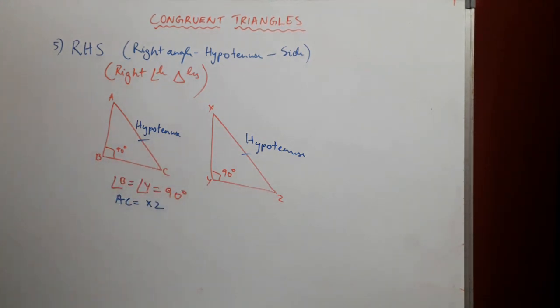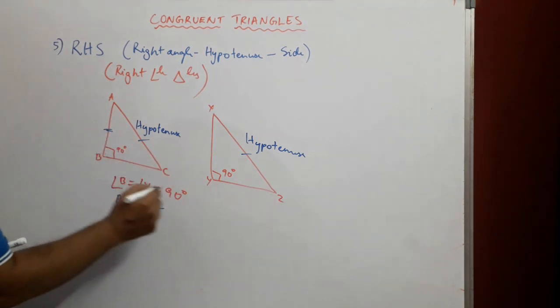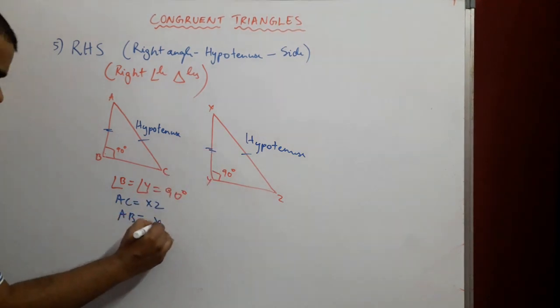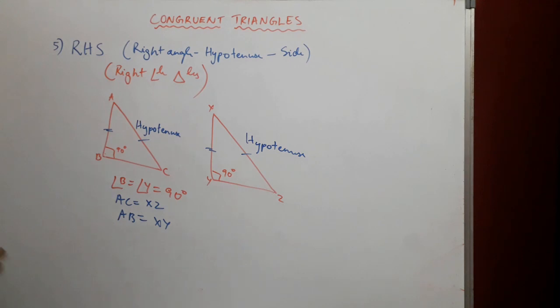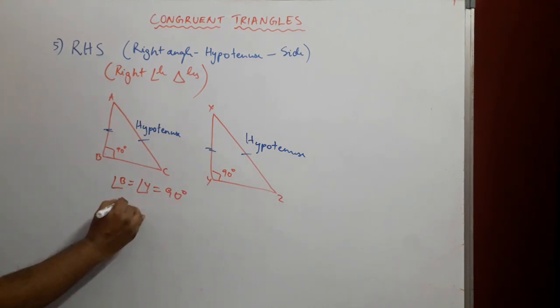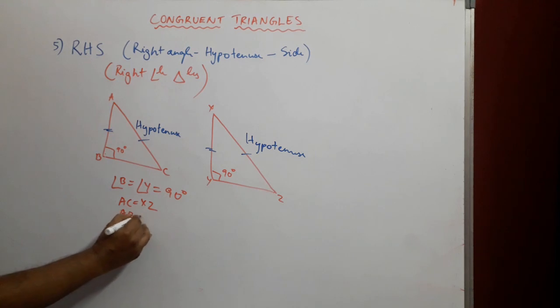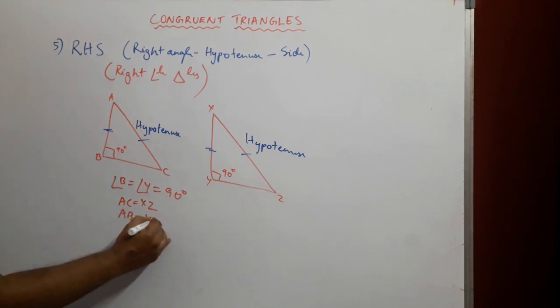It doesn't matter, any one side is more than enough to go with this RHS congruence rule. So we'll go with AB corresponding with XY. We'll take AB equal to XY. Rewrite this in red. So AC equal to XZ and AB equal to XY.